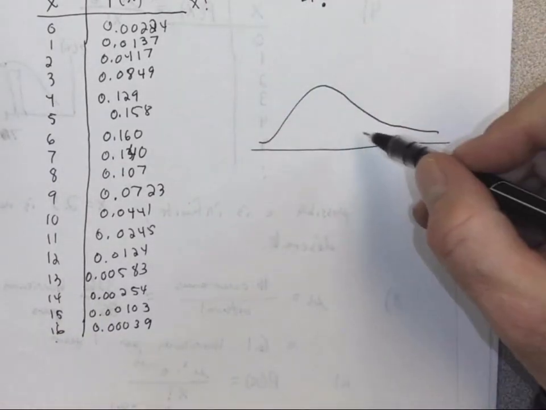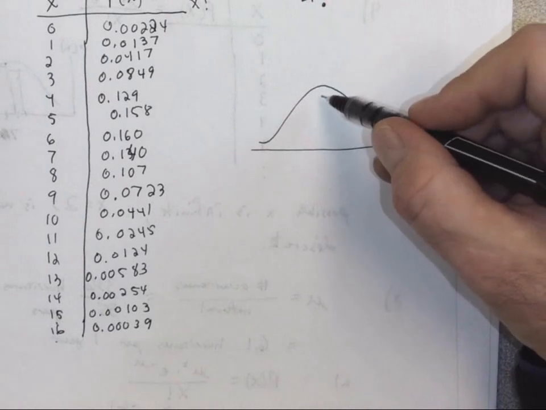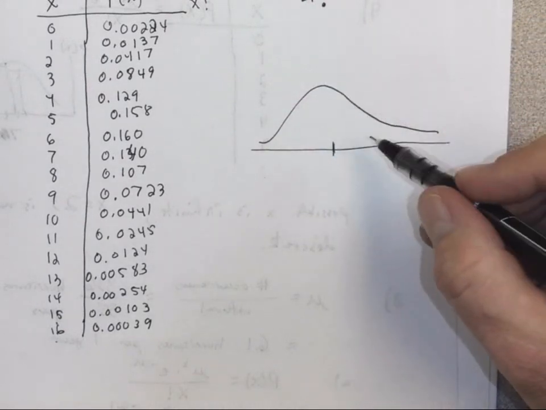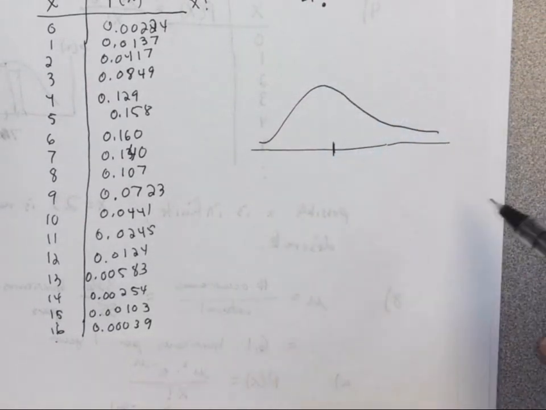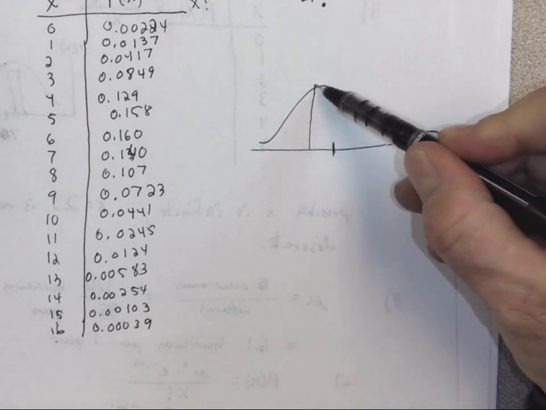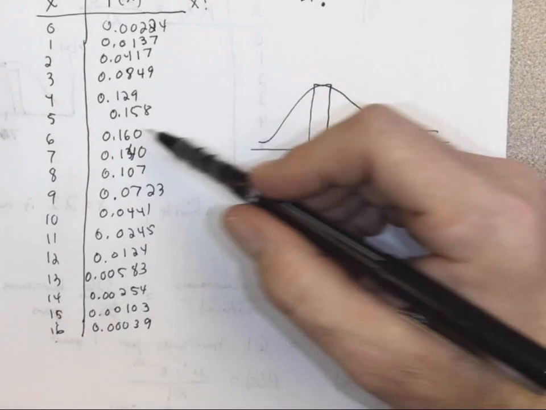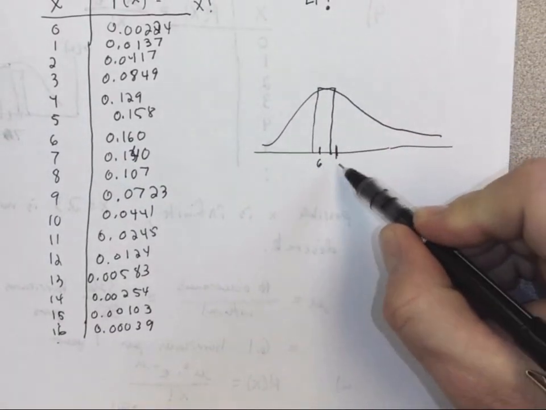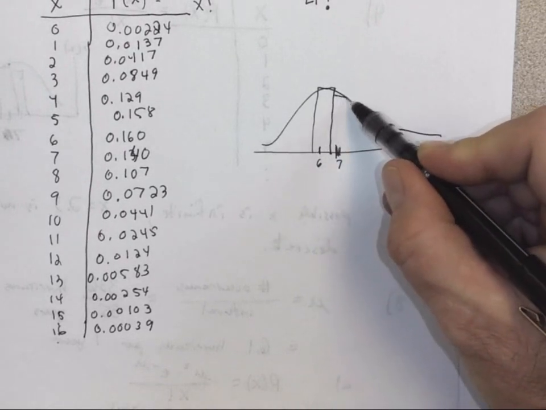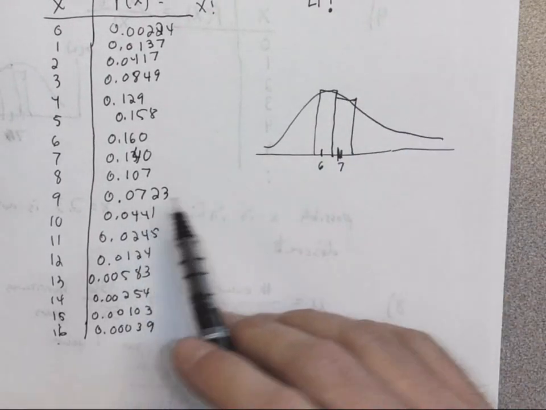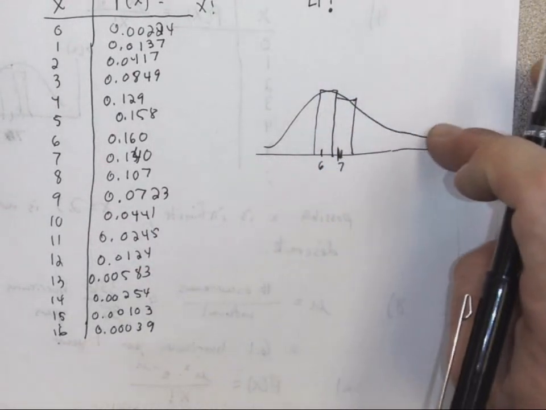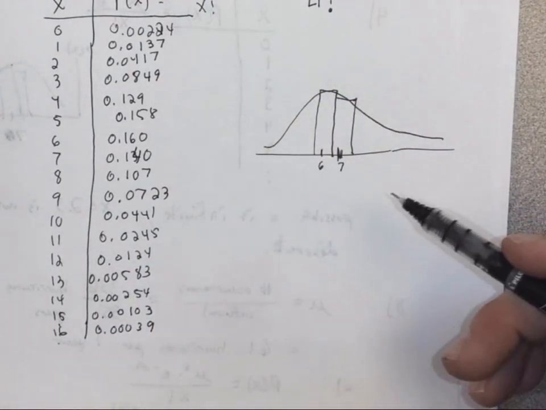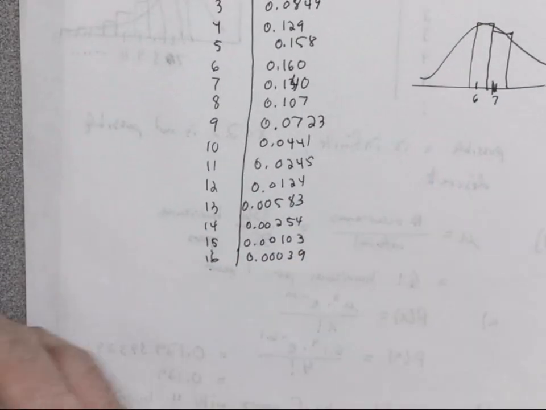And since you have a lot more numbers over here, it's going to take this peak and slide it over a little bit. So this thing right here would be your number 6, and over here would be your number 7, and so on, as far as your heights. The reason why it's 6.1 is because the skewed right is going to pull that mean over to the right just a little bit.